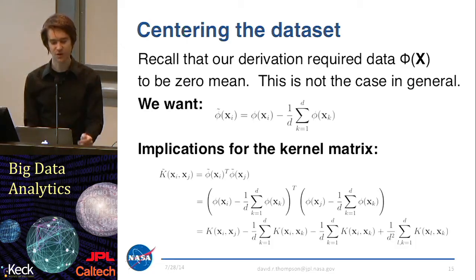With the kernel matrix elements defined as the dot products of phi of x sub i and x sub j, we perform that substitution from the top line, and it works out to some simple arithmetic operations on the kernel matrix that perform this centering operation. I won't walk you through the gory details, but it basically amounts to this operation that we have to perform on the kernel matrix after calculating the kernel function at all data points in order to center it before we can do SVD.